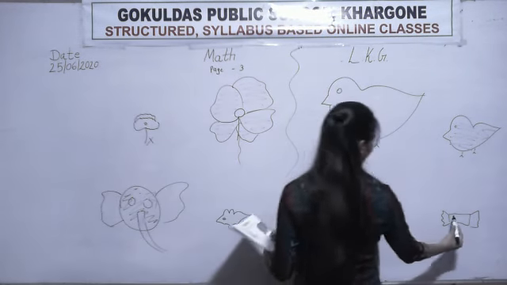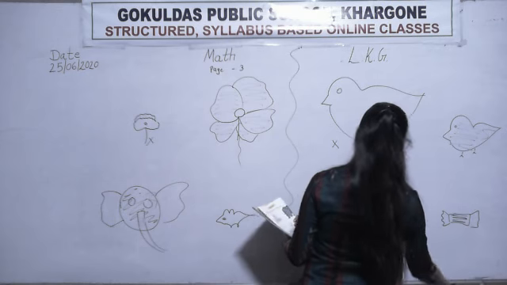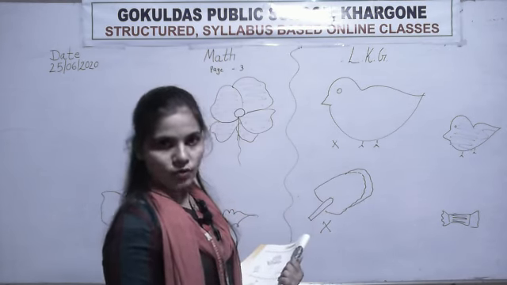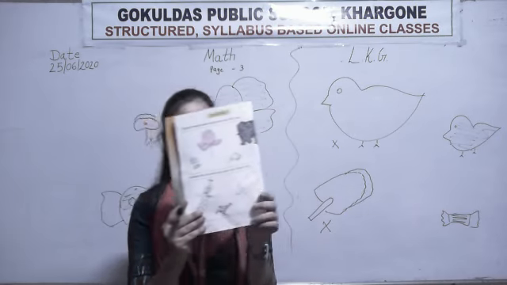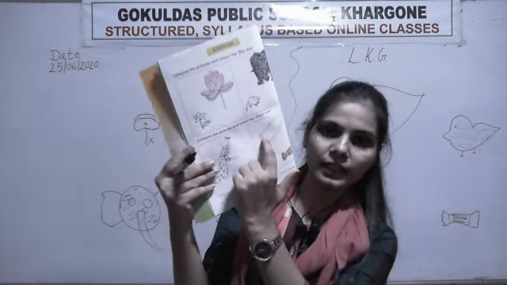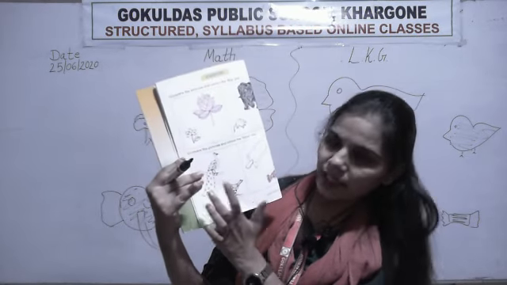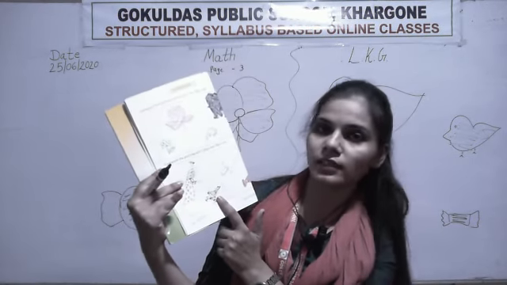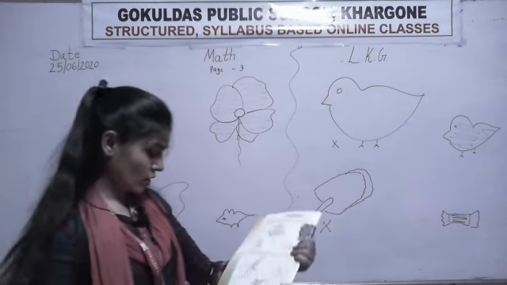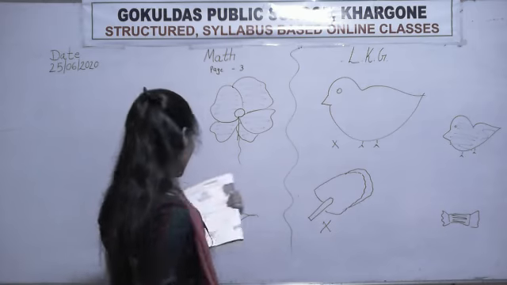So color the toffee and cross the big one. See here, big, small. Color the small one and cross the big one. Okay, this question is over.